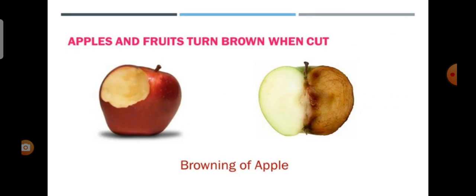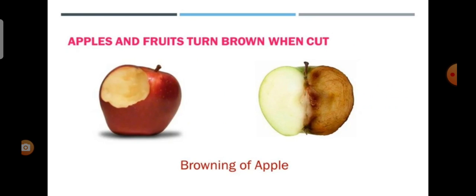Next one is apples and fruits turn brown when cut. Why do apples and fruits turn brown when cut? Apples and some fruits turn brown due to a chemical reaction with oxygen in air. This chemical reaction is called browning.